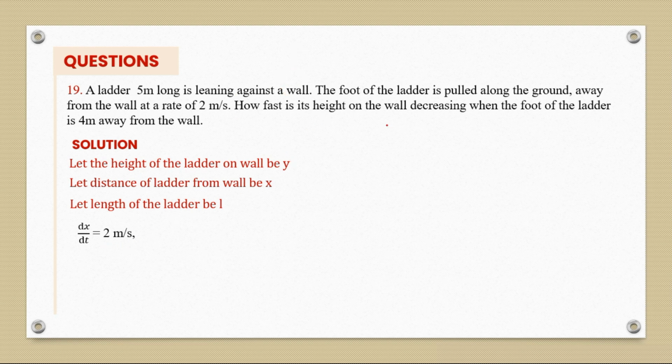How fast is its height on the wall decreasing when the foot of the ladder is 4 meters away from the wall? That means we're looking for dy/dt, in relationship to dx/dt. So let's form the chain rule for this. I'll have dy at the top and dt at the bottom.